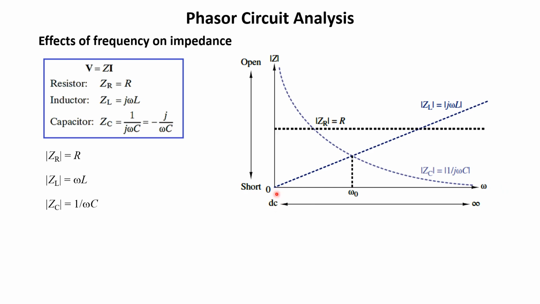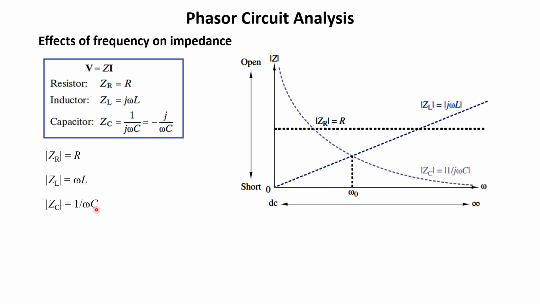And the resistance value remains the same at all frequencies. In case of inductance, omega L, it increases linearly with the frequency. So when the frequency is 0 for DC signals, it is 0, and when the frequency approaches infinity, the magnitude of ZL will also approach infinity.